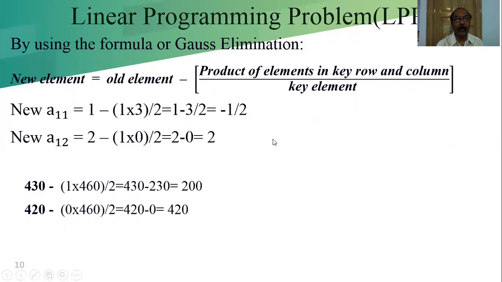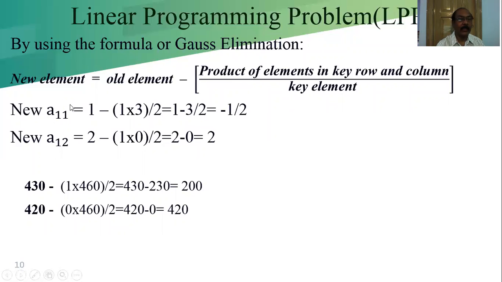So what is the formula? New element equals old element minus the product of the corresponding element in the key column and the corresponding element in the key row, divided by the key element.